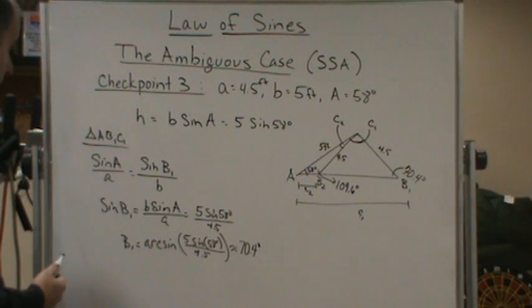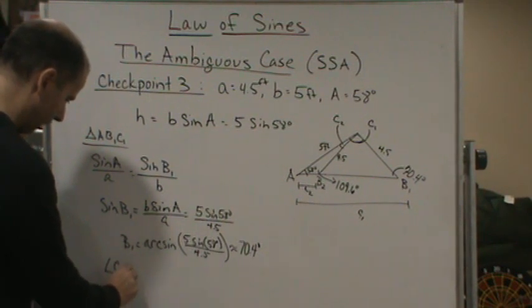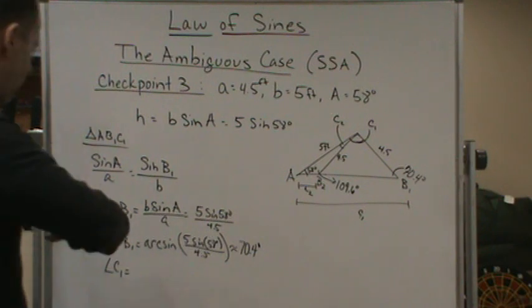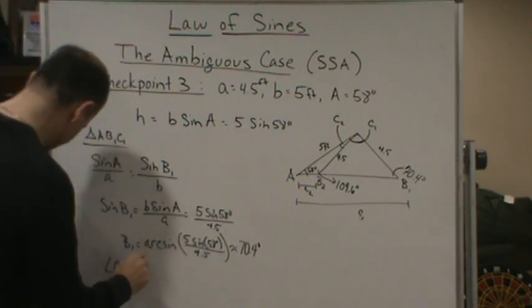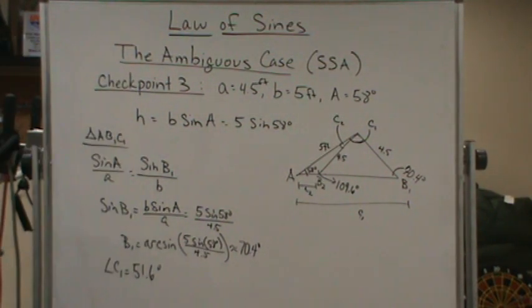Now we just need C1, the angle C1. All we have to do is subtract our angles from 180. So 180 minus 58 minus 70.4 is 51.6. So C1 is 51.6 degrees. All right, cool.